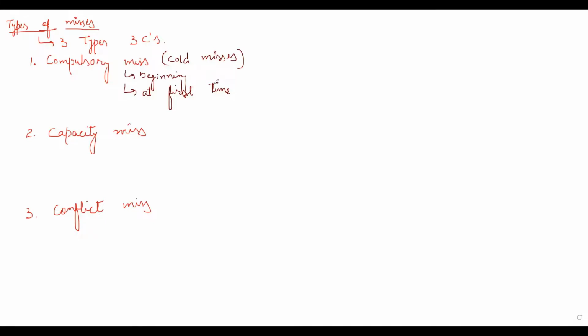Okay. And how can we decrease these types of misses? There are two solutions. Solution one is increase block size. So let's suppose I require 100 bytes, and those bytes are one after the other.